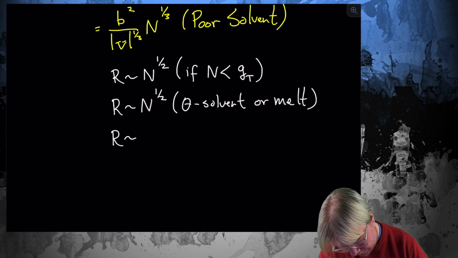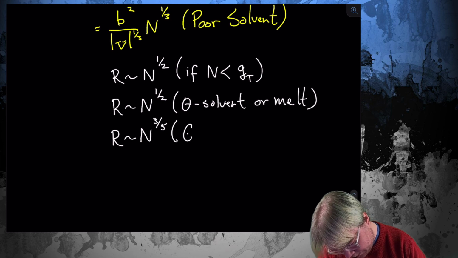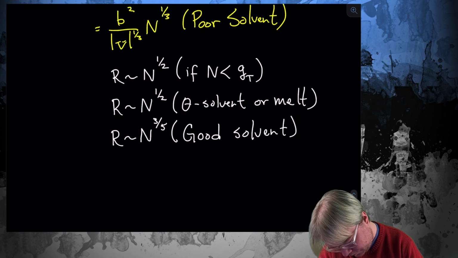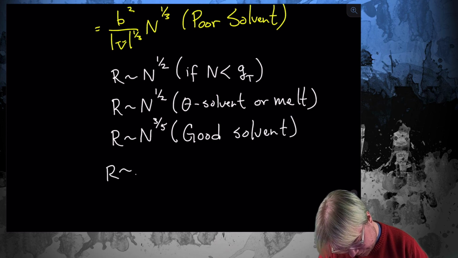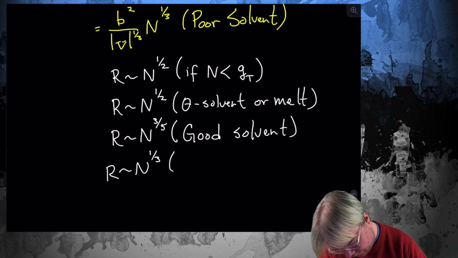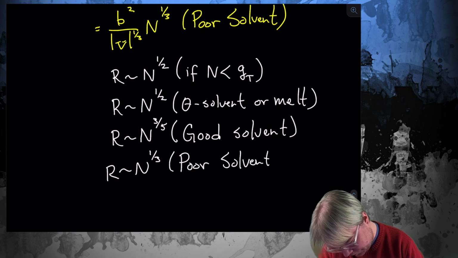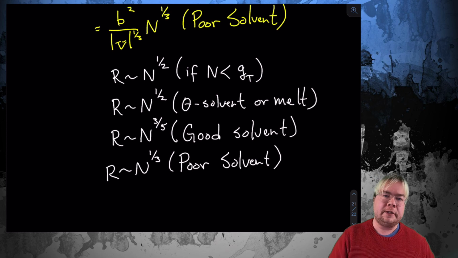R scales as n to the 3/5 power in a good solvent, and R scales as n to the 1/3 power in a poor solvent or a non-solvent. All right.